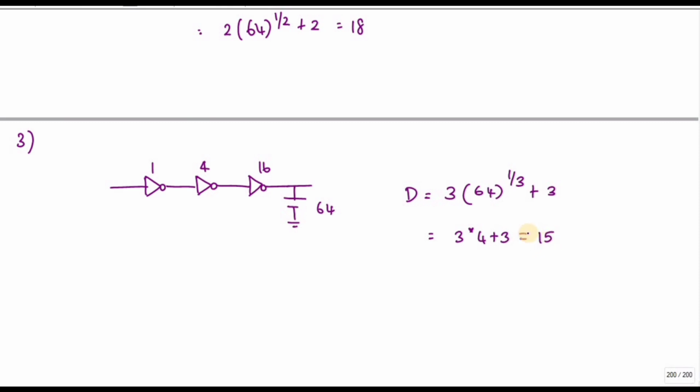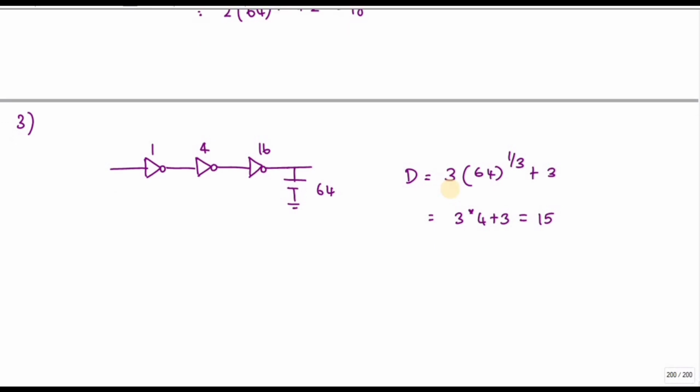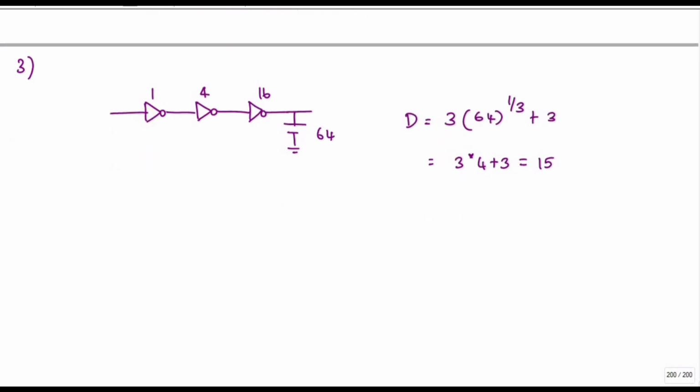So if you see, though I have added one more gate, this is faster compared to this one. Okay, so you have to note the one point. Minimum number of stages is not always fast.